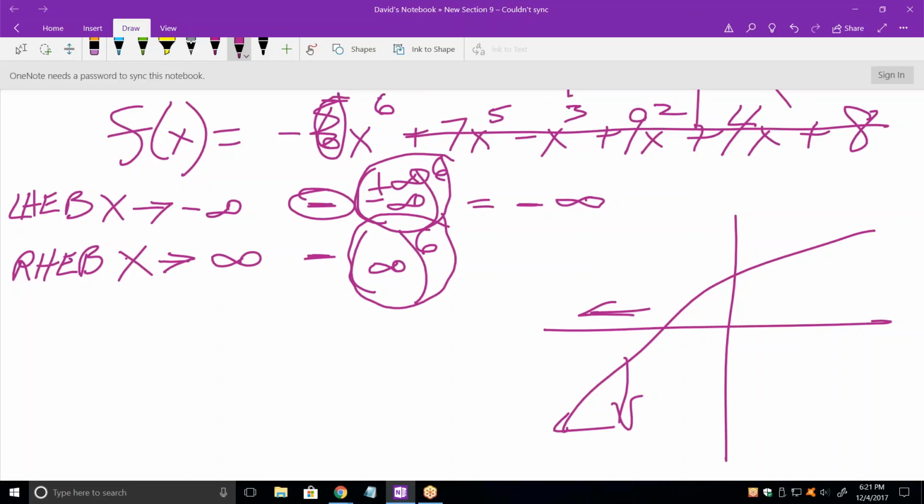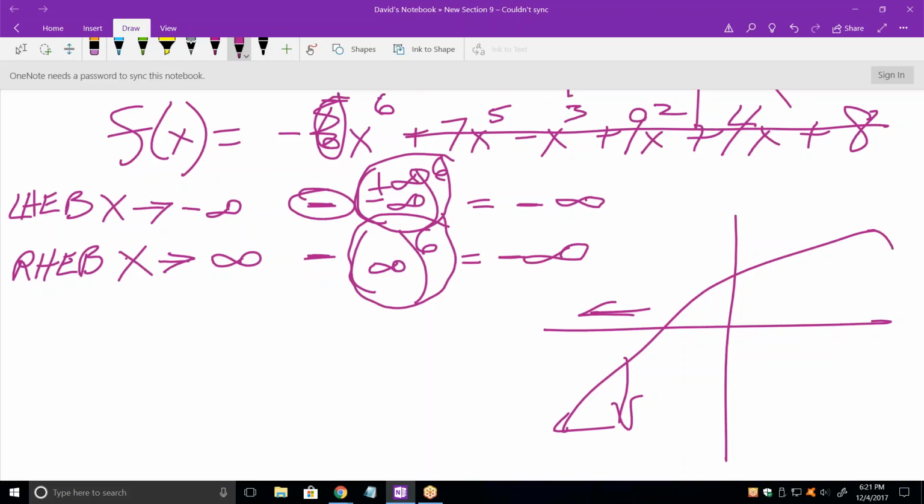That negative sign is not inside the parentheses. The exponent only applies to what's inside the parentheses. So what is infinity to an even power going to be? Positive infinity. Correct. Now I throw in the negative sign, so that right-hand end behavior is also negative infinity.